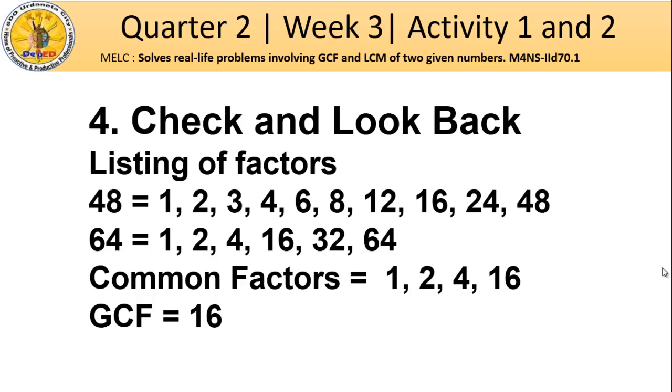What are the factors of 64? 1 and 64, 2 and 32, 4 and 16. What are the common factors of 48 and 64? 1, 2, 4 and 16. What is the GCF of 48 and 64? 16. Therefore, our answer is correct.